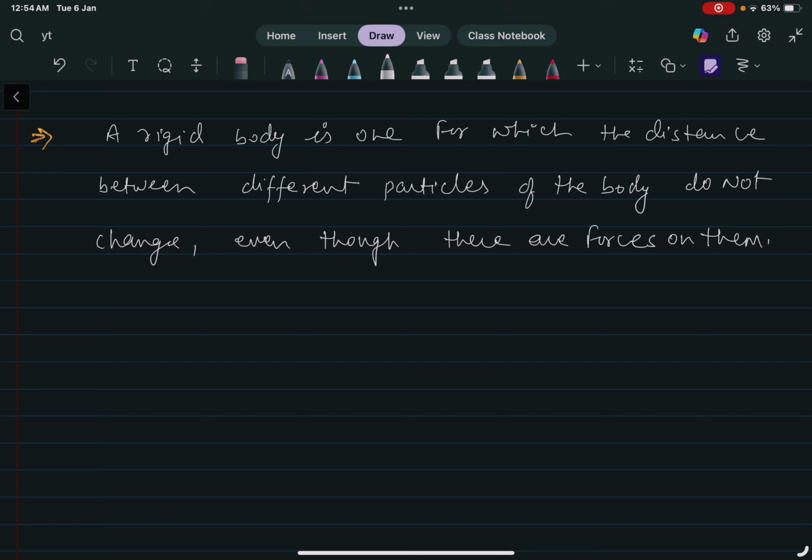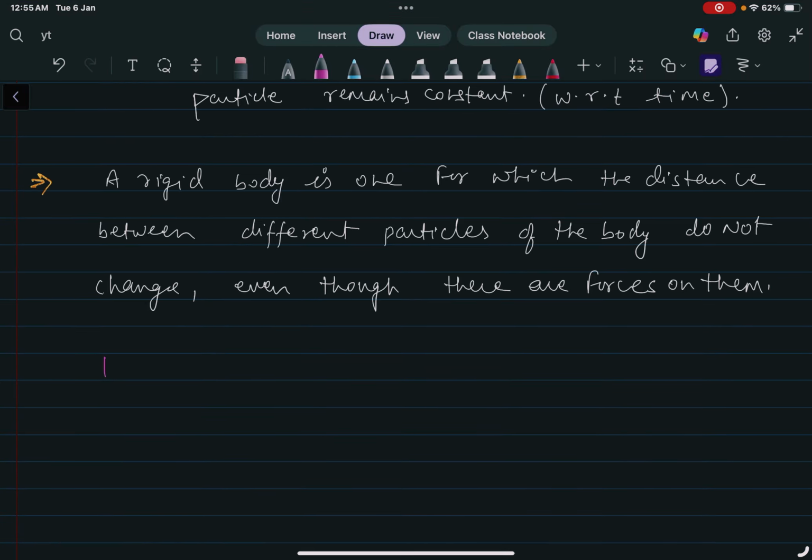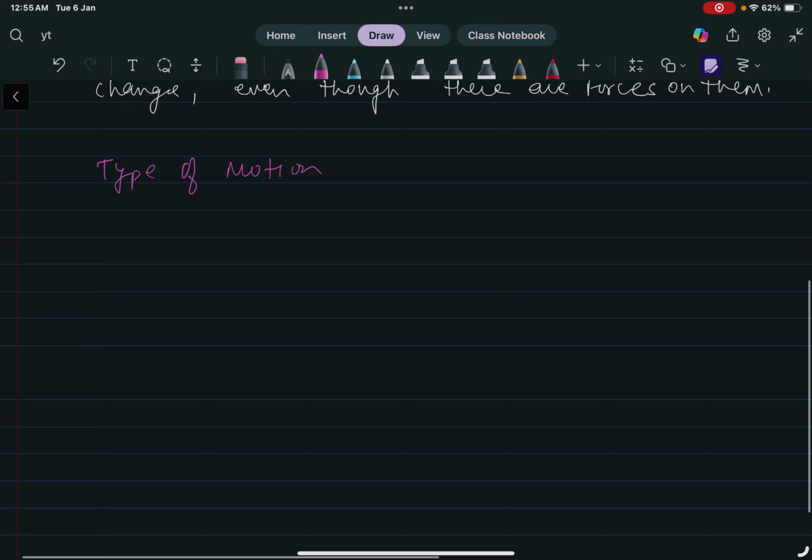Now the next topic is the types of motion of a rigid body.